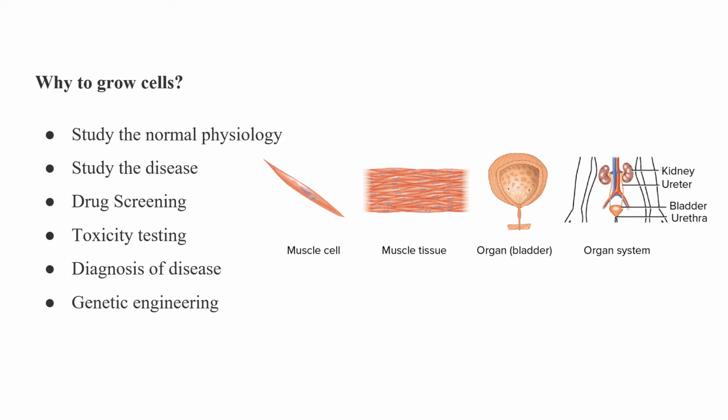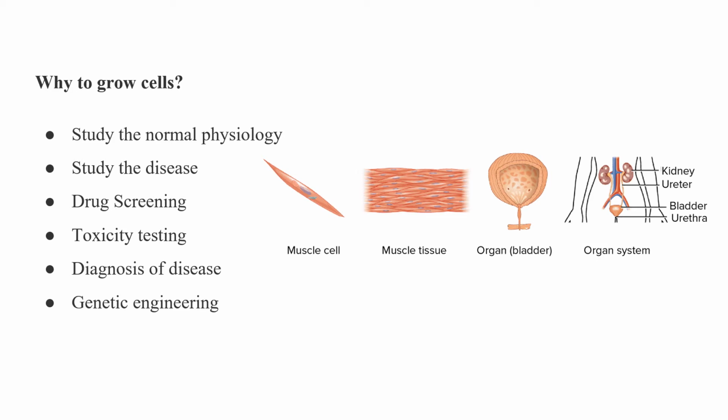Toxicity testing: some drugs or chemicals are toxic, and that toxicity can also be studied in these cells. Diagnosis of disease is similar to the study of disease. Some cells differ in number, or have particular markers, and the expression of these markers tells us about the disease condition.